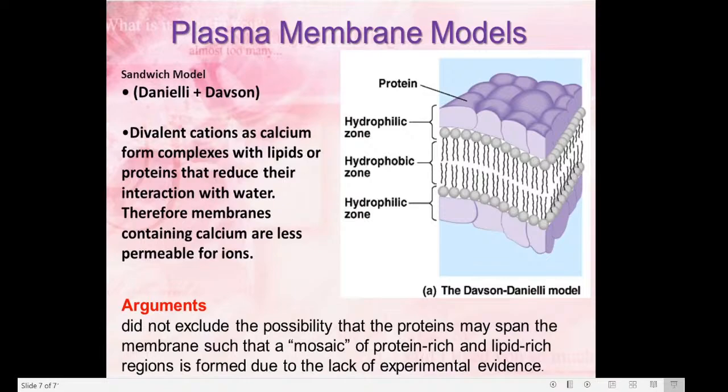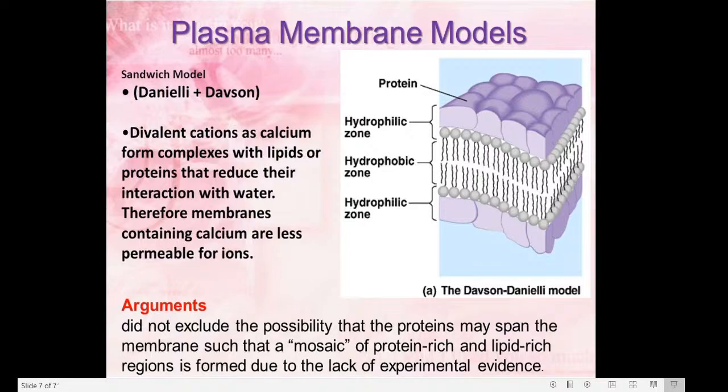Therefore, the membrane containing calcium is less permeable to ions. That is the statement of the sandwich model. But the argument is that it does not exclude the possibility that proteins may span the membrane, so that a mosaic of protein-rich and lipid-rich regions is formed, due to the lack of experimental evidence.